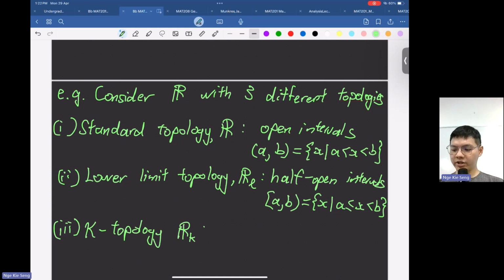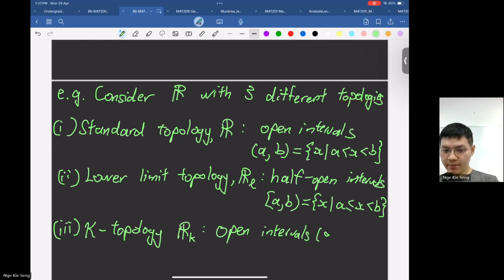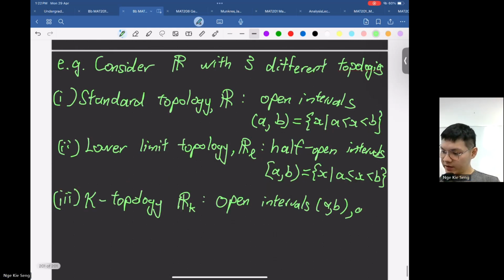So what's this K topology here? We start with the open interval again, but we will add in some more stuff. Let K be the set of 1 over n.